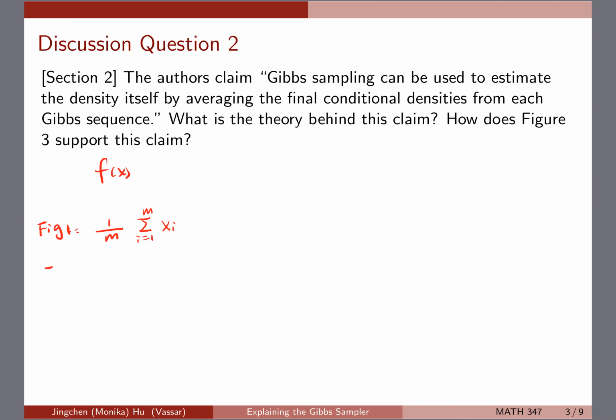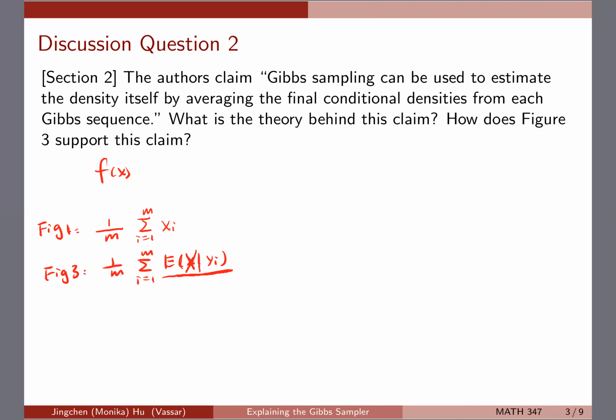However, if you keep reading that paragraph, you will see that in figure 3, a better estimate is this 1 over m. You're still summing over m terms, but each term now is the expectation, like what Nina was saying, from equation 2.10. So let me make sure this is capital X here, sorry. They say as long as this expectation is obtainable, this will be a better approximation. They mention this is supported by the Rao-Blackwell theorem, so don't worry too much about it.